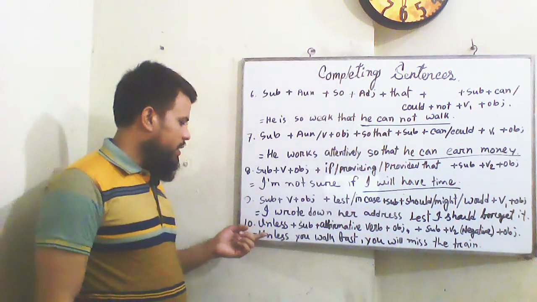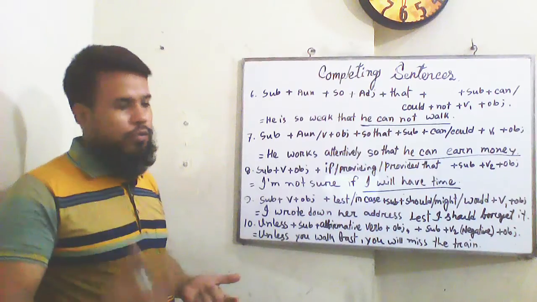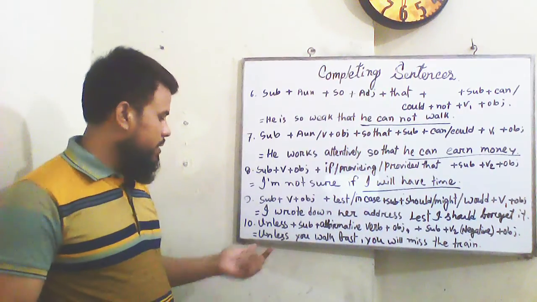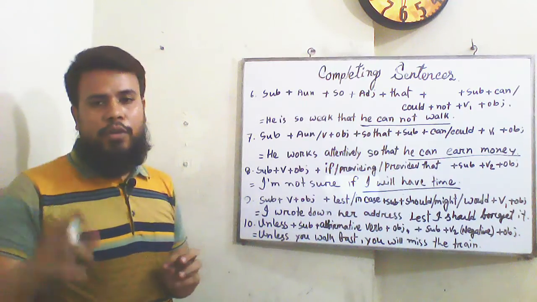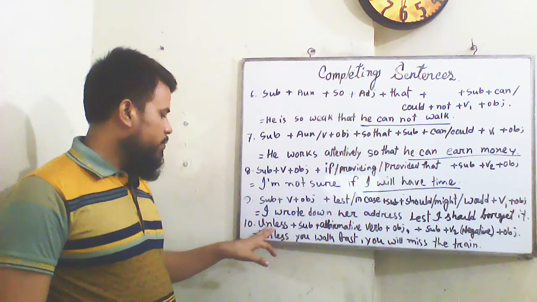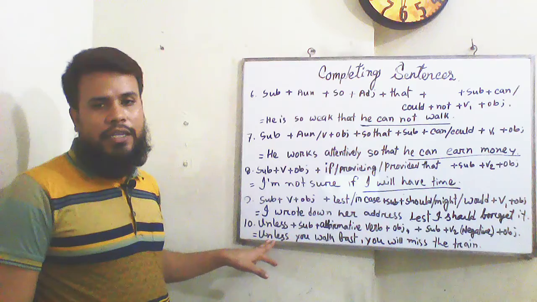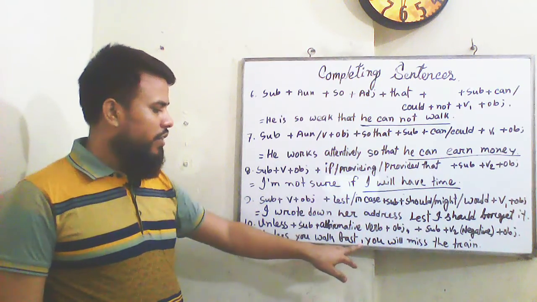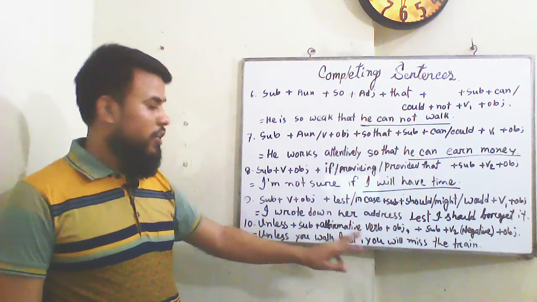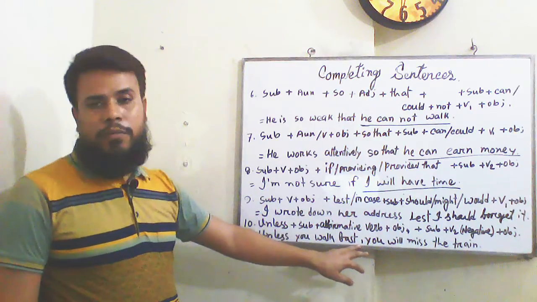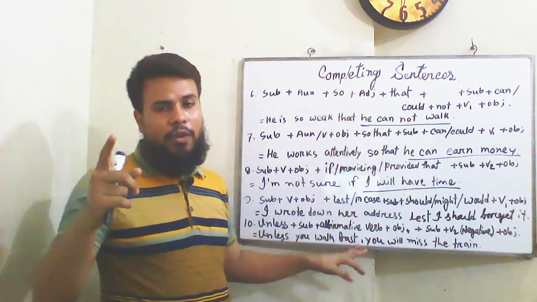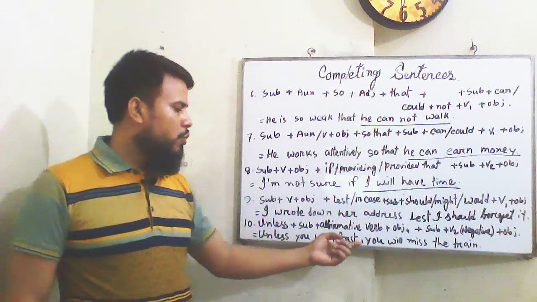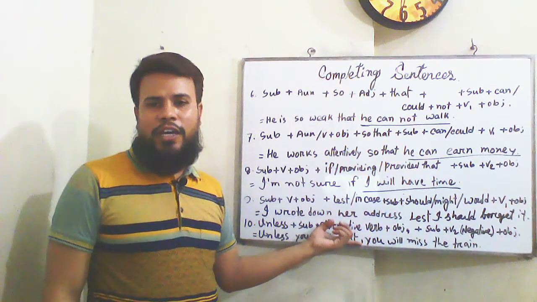My next one is "unless." If you use "unless," or if you find "unless" before the sentence, remember "unless" is a subordinate conjunction. So if you find "unless" before starting a sentence, then you will find a comma. If you find this one in the middle of the 2 sentences, that means one dependent clause and one principal clause, then you may not find a comma here.